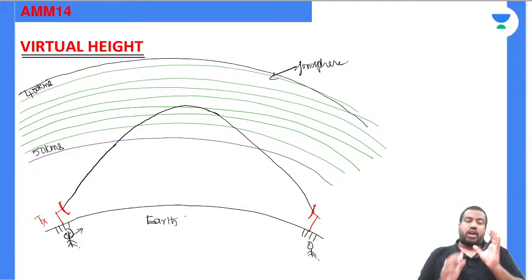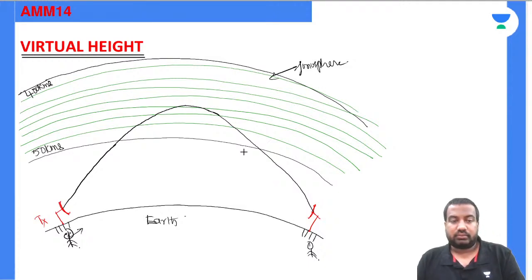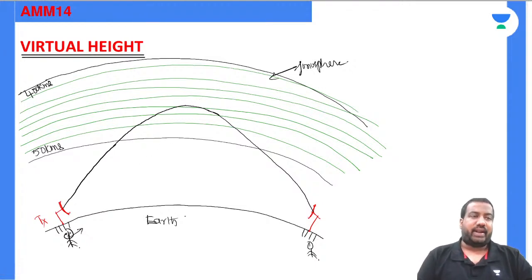If you're watching from the transmitter point of view, can you guess at what point the wave is coming back? This height up to which the wave has been propagated, from this point the wave is coming back.